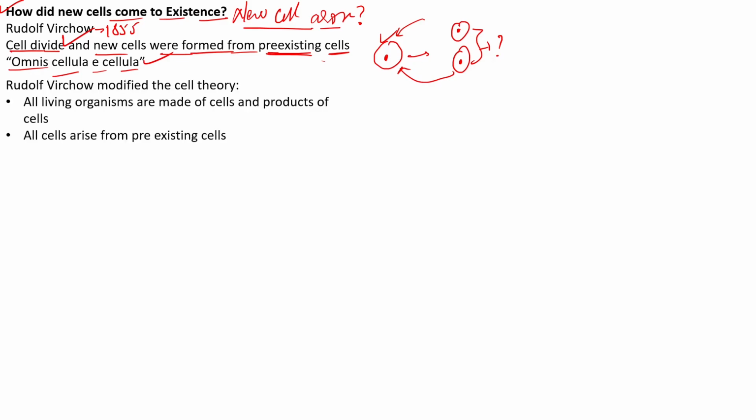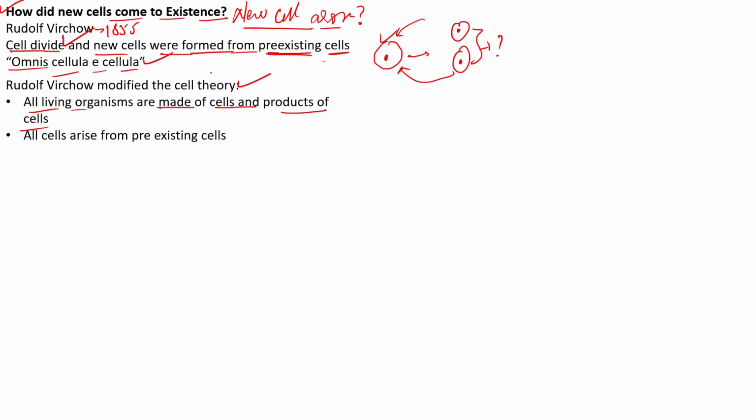So now we can say that Rudolph Virchow modified the cell theory. He was the person who actually modified the cell theory. What do we know about this theory as of now? We can say that all the living organisms are made up of cells and products of cells.